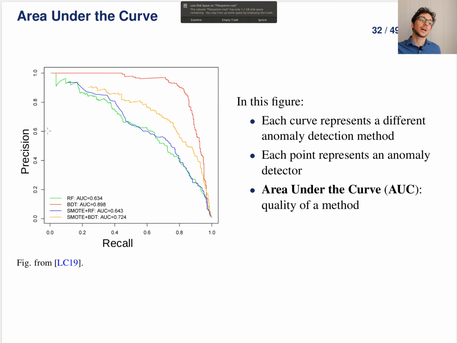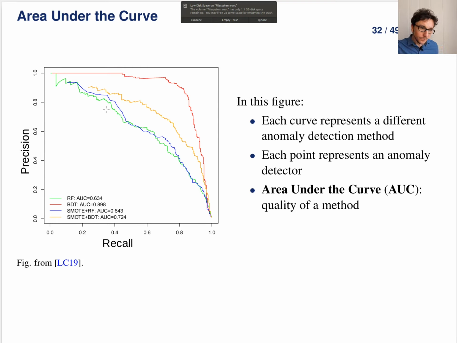Now, suppose you run k-means clustering with different values of k, or you run k-means and other clustering techniques, dbScan or others. So for each of them, you will obtain a different precision recall curve. And can we understand which is better than the other?